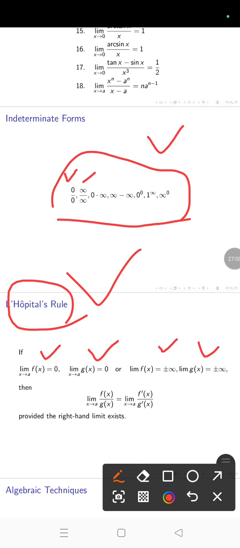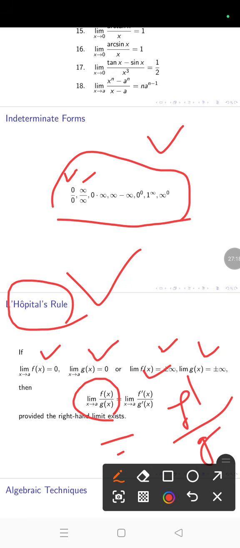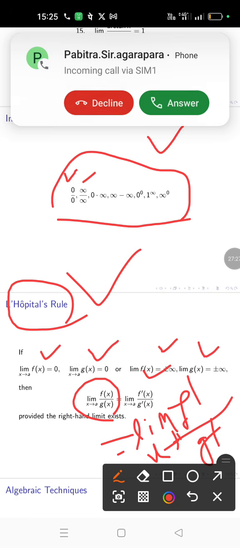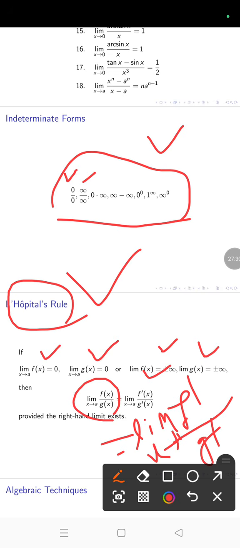Then the limit of f(x) by g(x) as x tends to a will be equal to the limit of f dash by g dash as x tends to a. That means you just differentiate f and differentiate g separately, then take the limit as x tends to a.